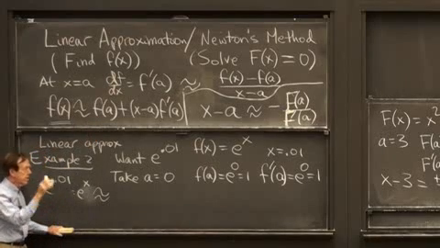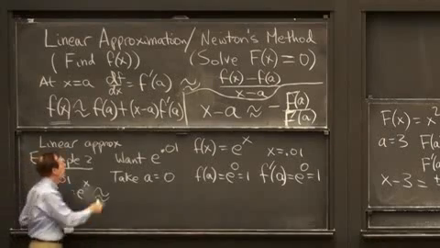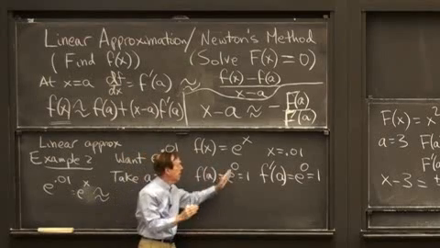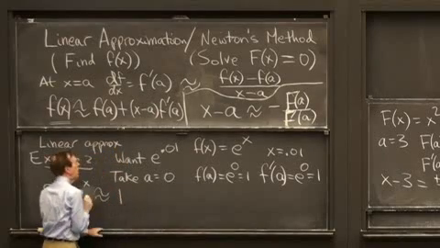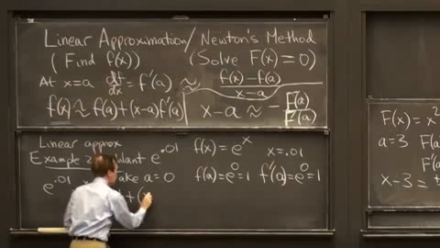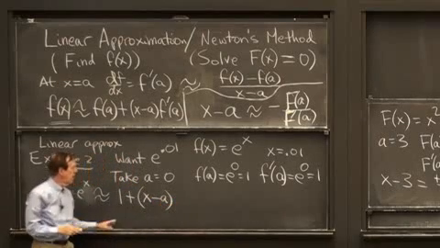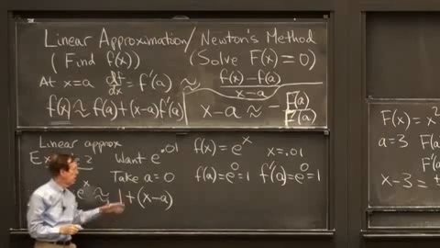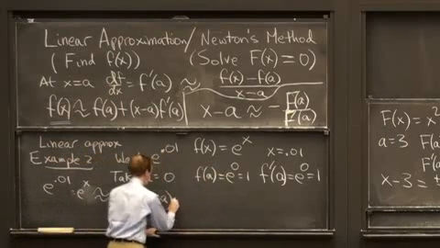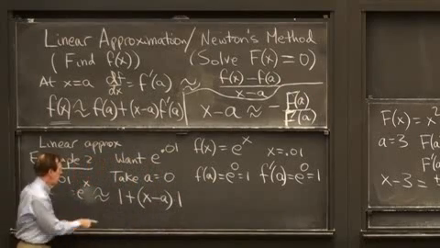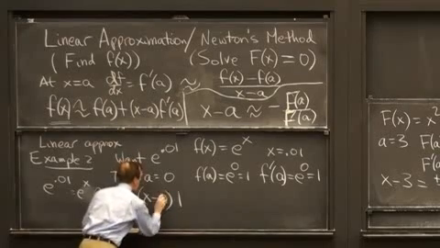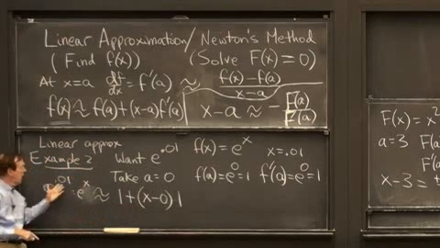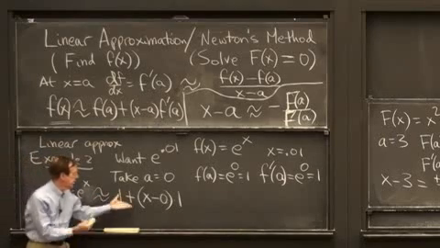It's the value at the known point 0, where the exact exponential is 1, plus x minus a times the slope, the correct slope at this not quite perfect point 0, and the correct slope is 1. And of course a was 0. So you see I'm using all the facts at a to get an approximate fact at x. And what have I got here? I've just got 1 plus x.